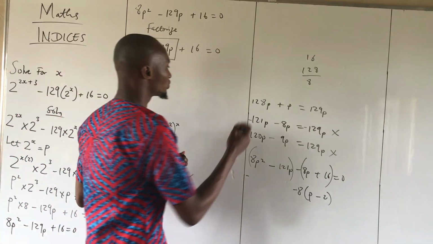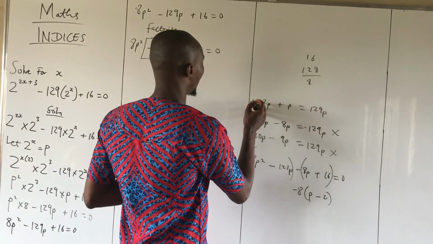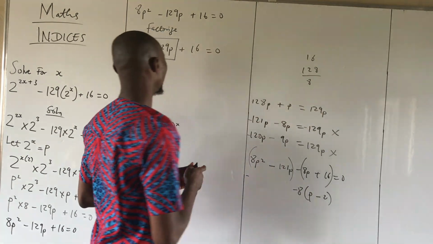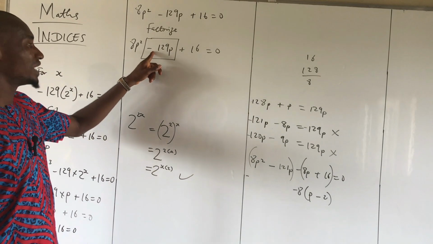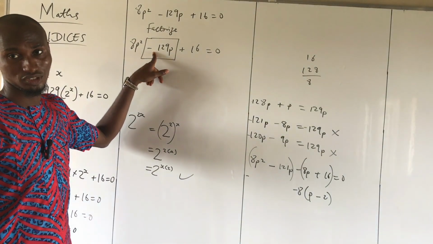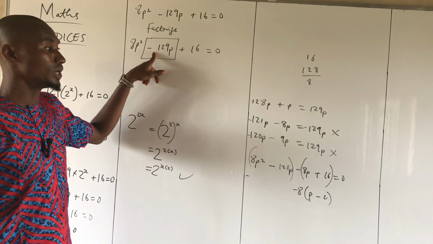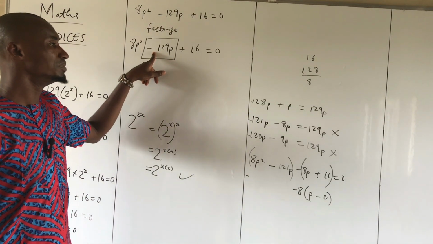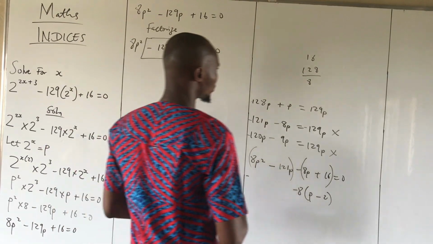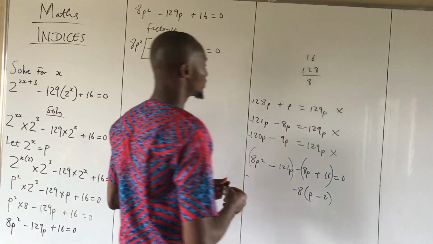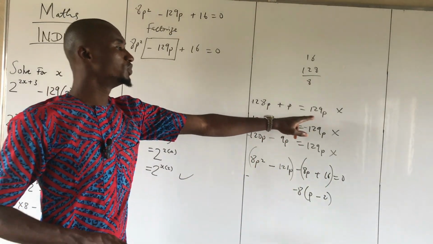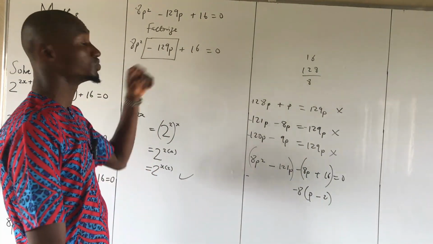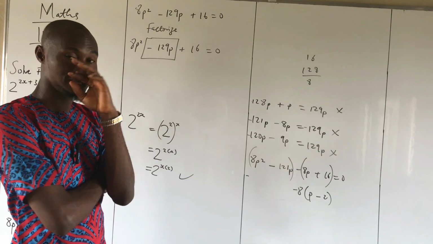But this minus 120, this 128 plus p will give us 129. But here, pay attention, here we have minus 129. So even this one is also wrong, because 128 plus p will give us 129, not minus 129, because what we have here is minus 129.